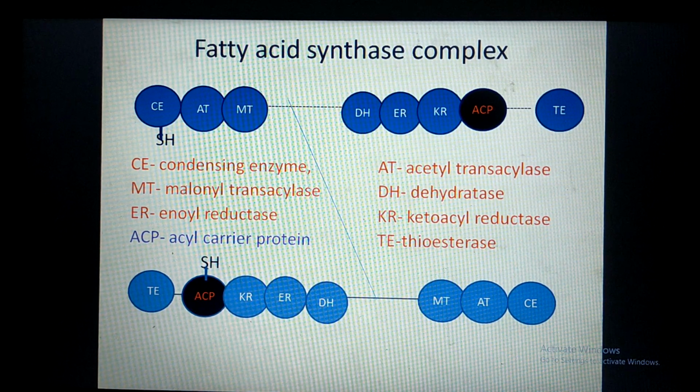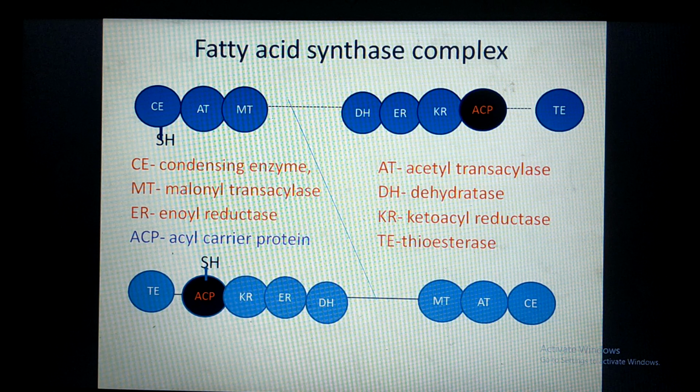So this is a fatty acid synthase complex. Here I am showing you 2 subunits, one above and one below. Each subunit is made up of 7 enzymes, and these enzymes are condensing enzyme, acetyl transacylase, malonyl transacylase, dehydratase, enoyl reductase, ketoacyl reductase and thioesterase.